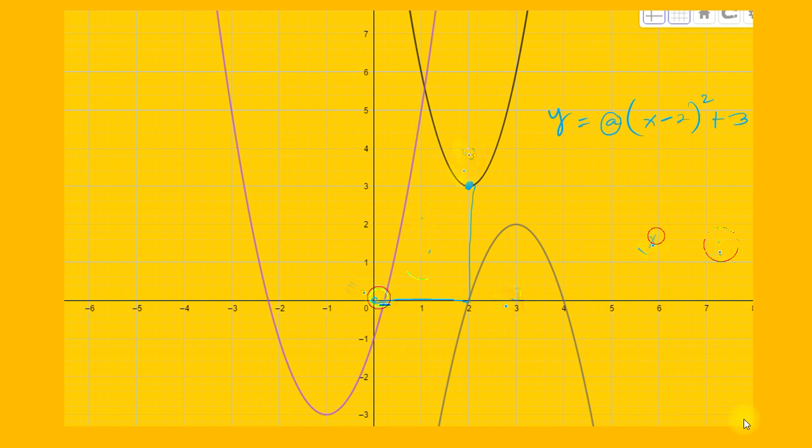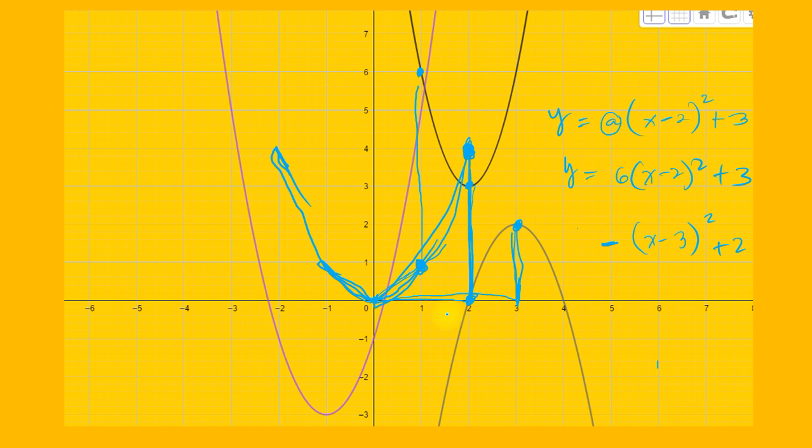Or you can tell that if 3, that's 9, from 4 it becomes 0.